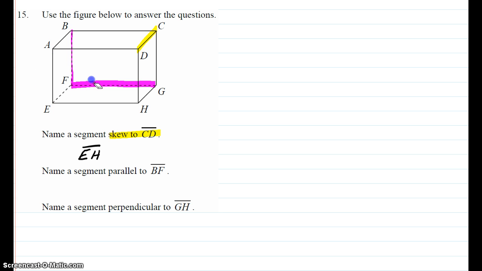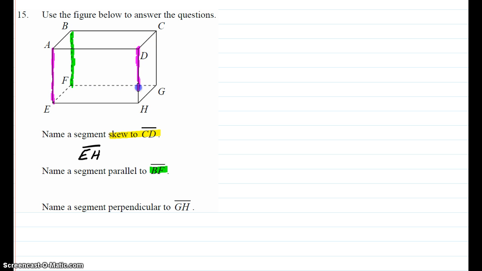All right, let's look at the next example. It says name a segment that is parallel to BF. So we have BF right here. Parallel lines are going to be going in the same direction. They don't touch but go in the same direction. So AE goes in the same direction but doesn't touch.